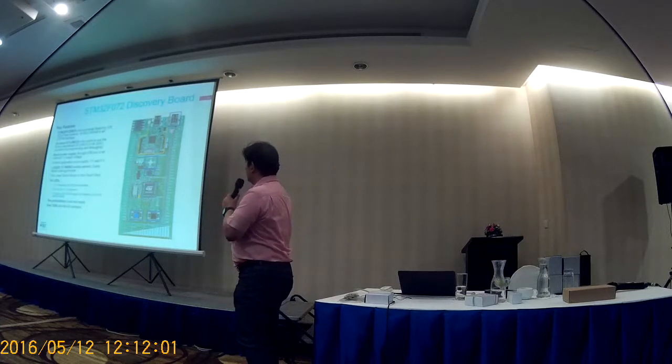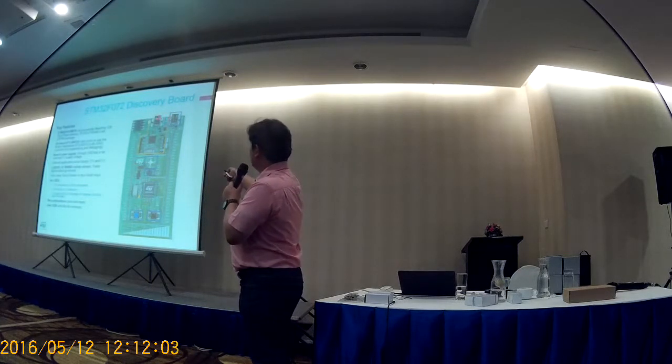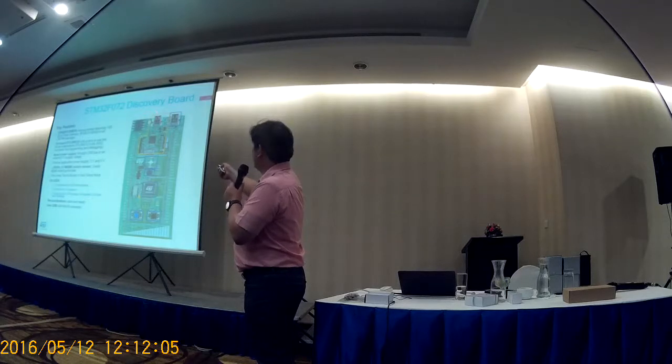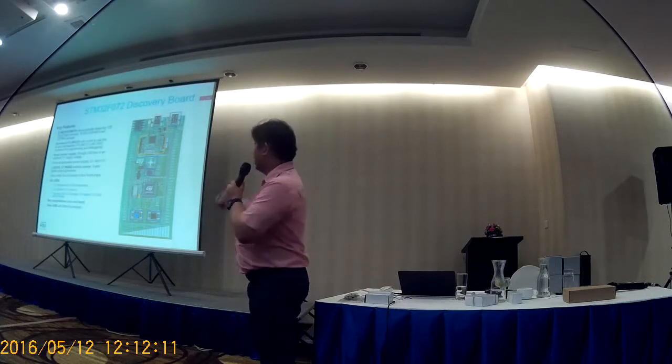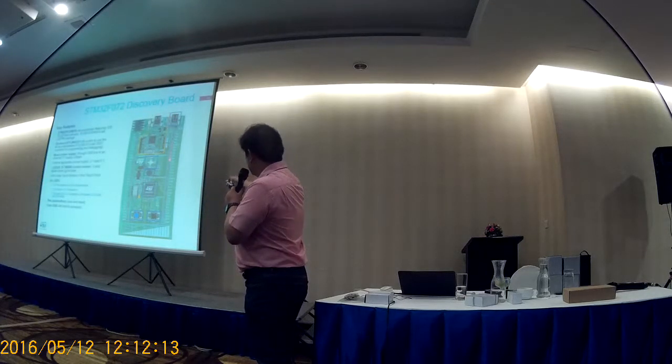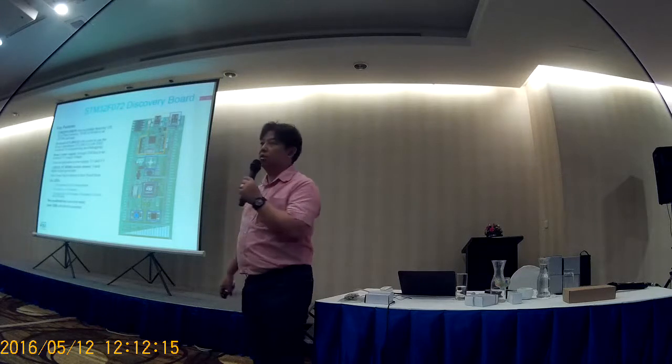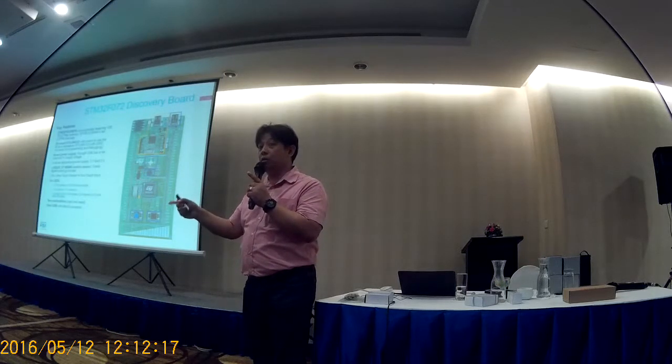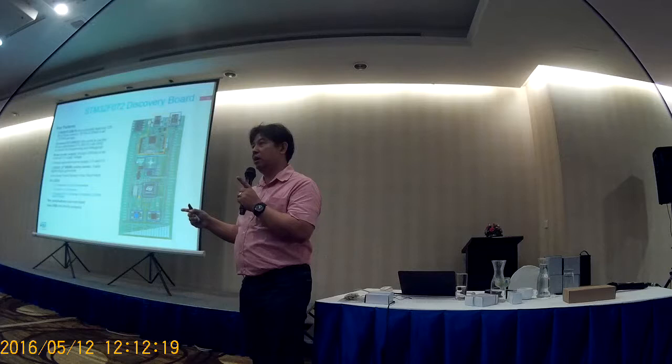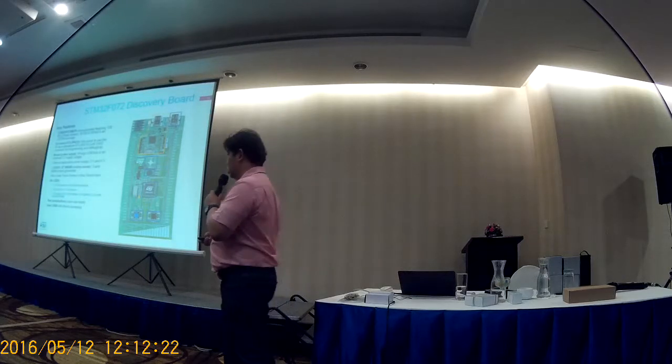Then you have a USB connector. As you can see, there are two USB ports here. The USB at the middle, at the center of the board, is the ST-Link for the debugger. And this other USB is the USB port of the F0. It's a user USB, we call it.